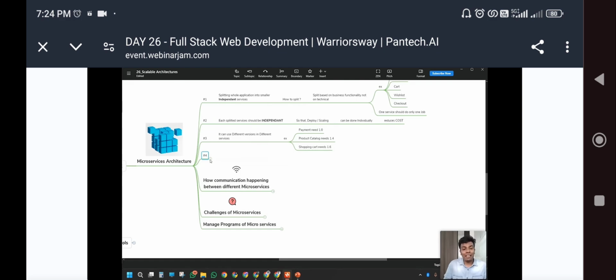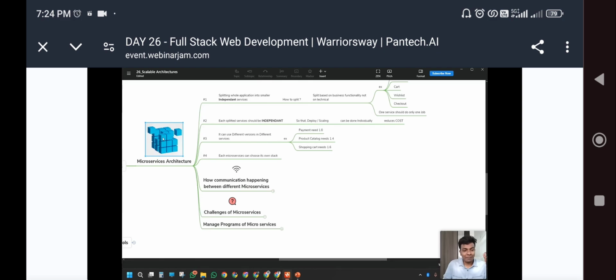And another important leverage is that each and every microservice can choose individual stacks on its own. This is amazing, guys. Look at that. If this is microservices, each and every box is one microservice.